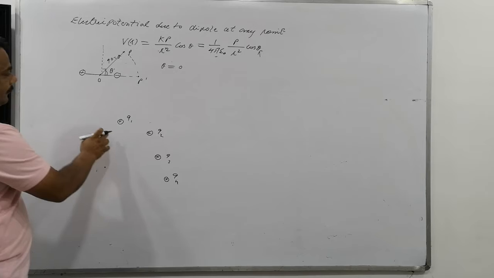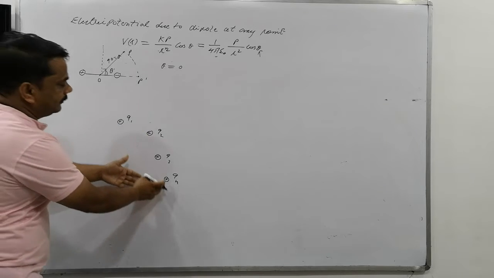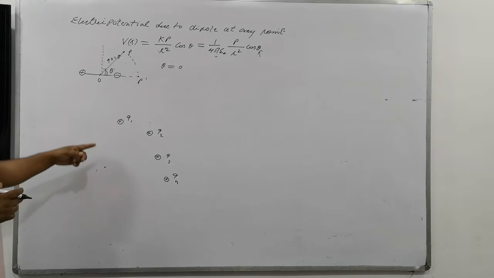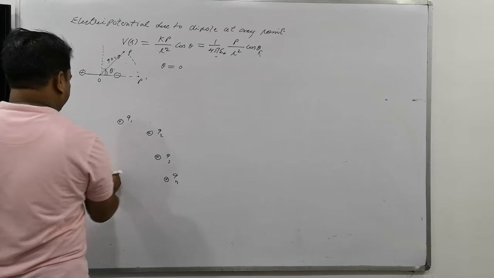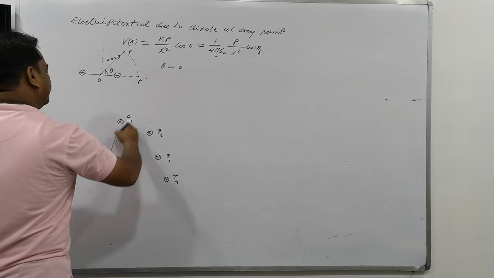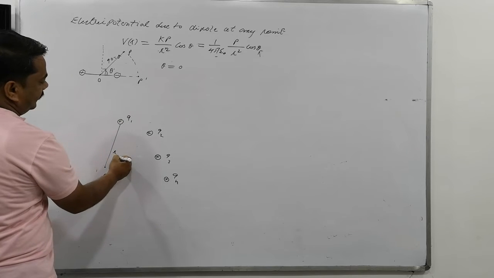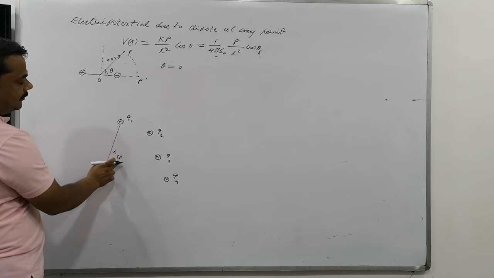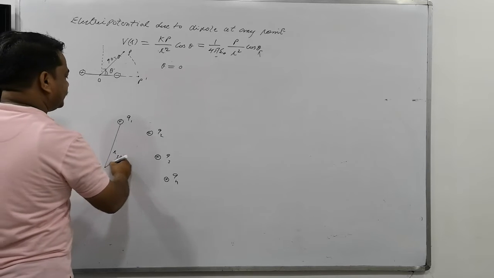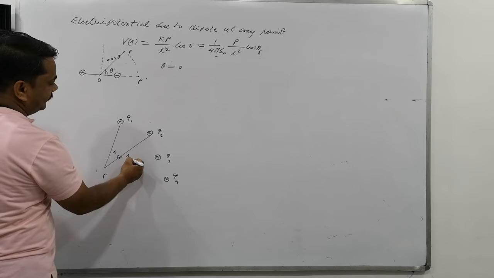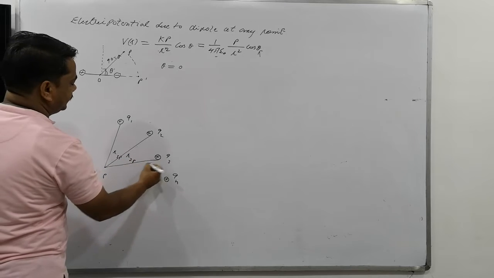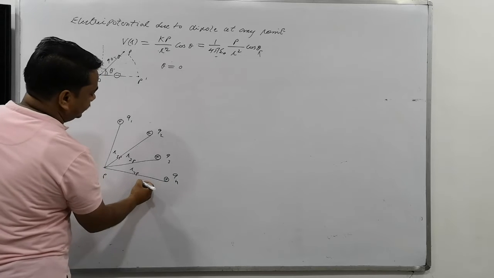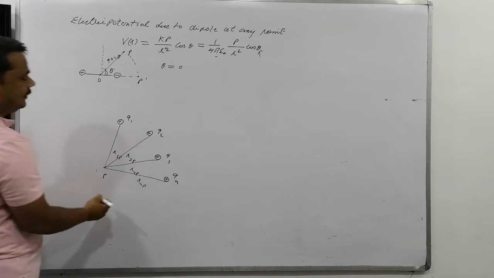Simple it is. Obviously q1, q2, q3, qn will have their own position vectors, so we want to find out the position vector of point P with respect to each. This is the position vector of P with respect to 1, this is the position vector with respect to 2, this is with respect to 3, and this is the position vector r n P. Clear?